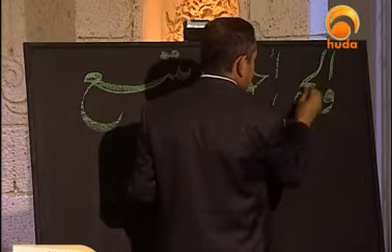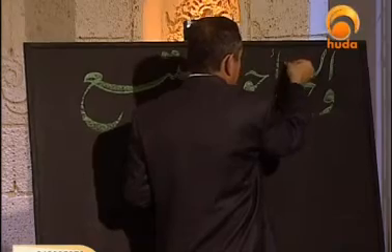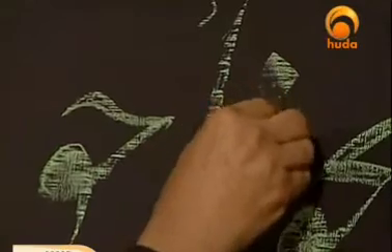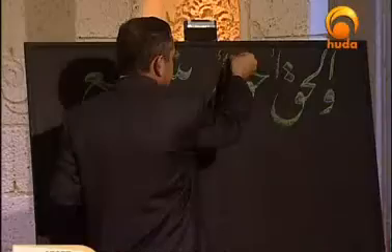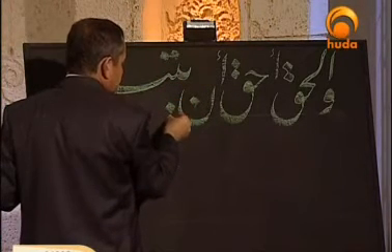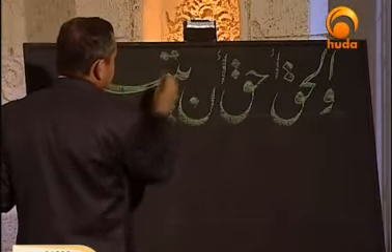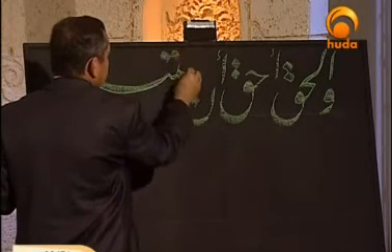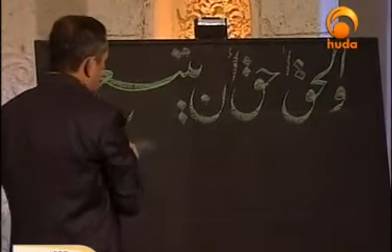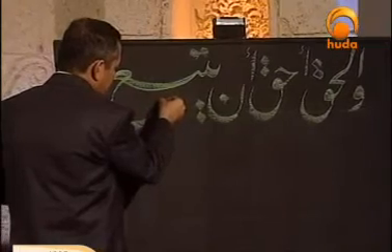Qaf, two dots of qaf. أحق, two dots again of qaf. And يتبع, two dots of ya here. One dot of ba in the middle.